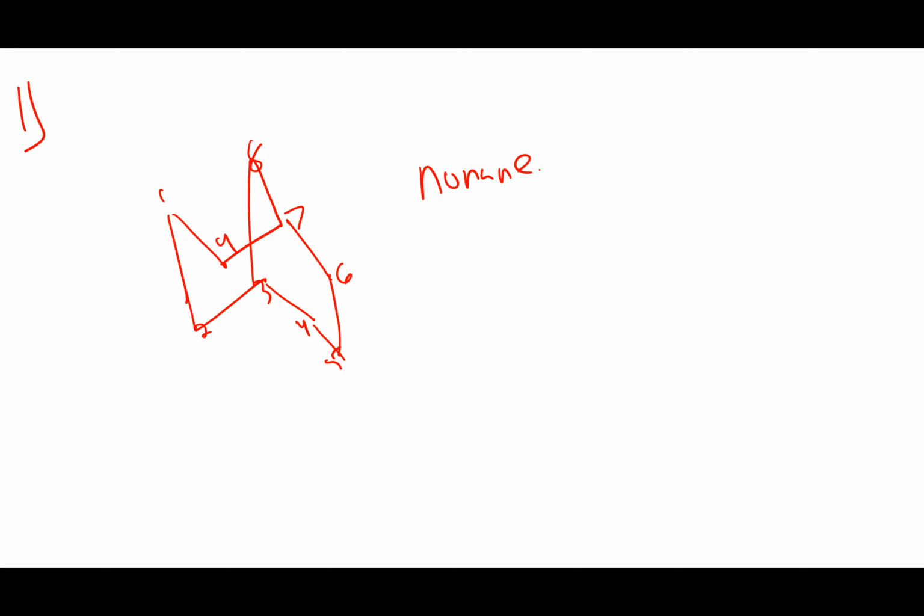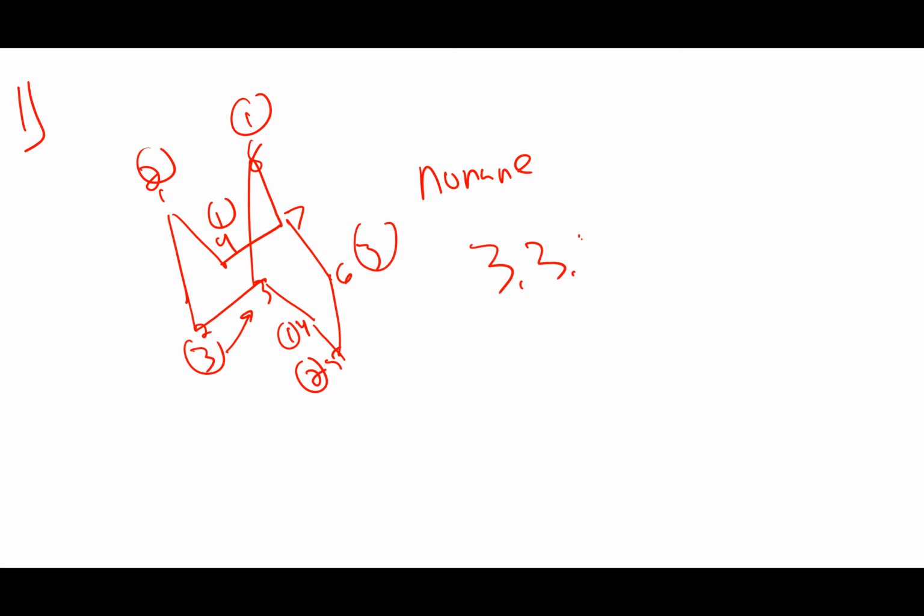Now we need to see how we get to the bridge. We can go 2, 3, and then we're at the bridge. Here we have 1, and then here we have 1, 2, 3. So we're going to be looking for something that has a 3, 3, 1. If you picked that, you'd be correct.